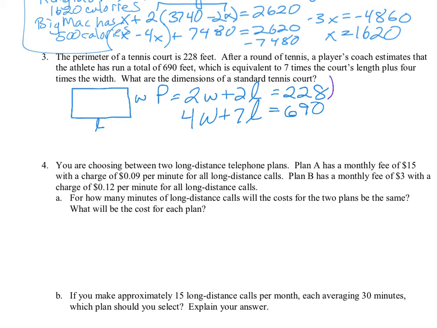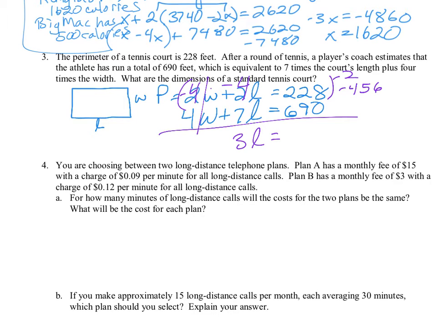I'm going to multiply this equation by -2. That's going to turn this into a -4 so that this goes away. It's going to turn this one to a -4. When I add it to the 7, I'm going to get 3L. And the number becomes -456. All right. So when I add that to 690, okay, we're going to put that in the calculator.